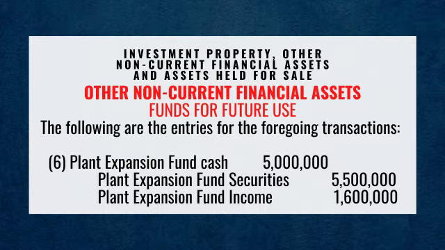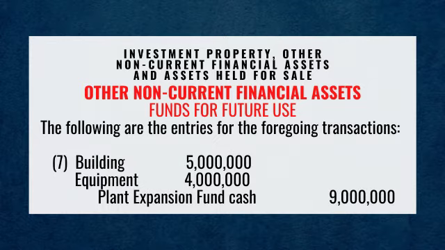Number 6, debit plant expansion fund cash for 7,100,000 pesos, credit plant expansion fund securities for 5,500,000 pesos, and credit plant expansion fund income for 1,600,000 pesos.